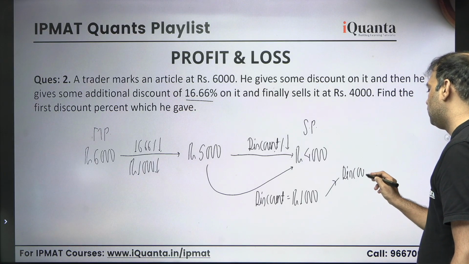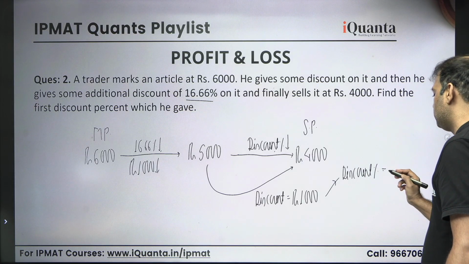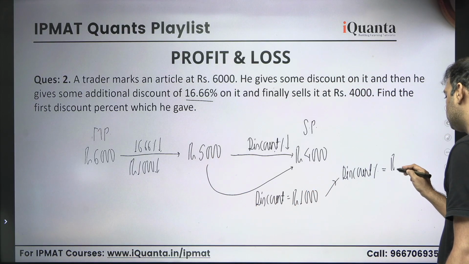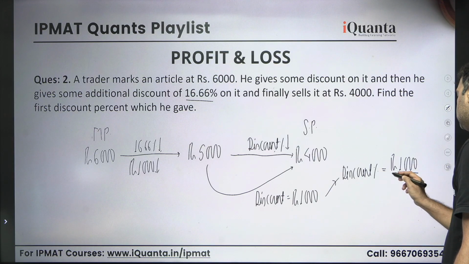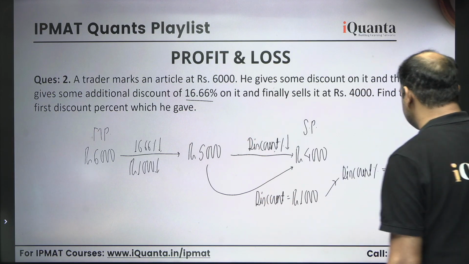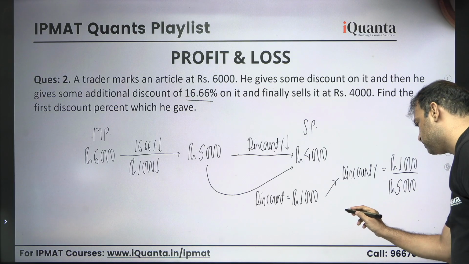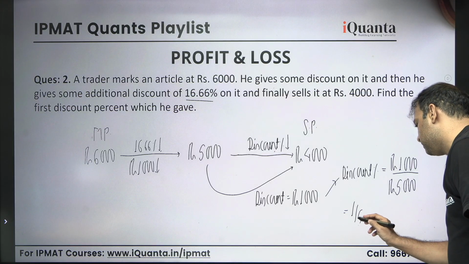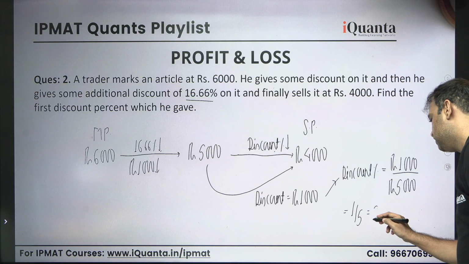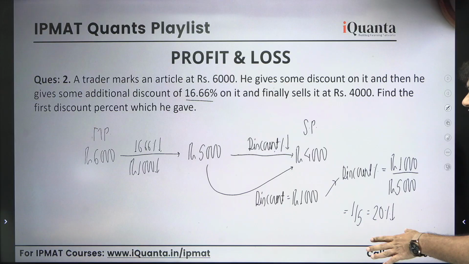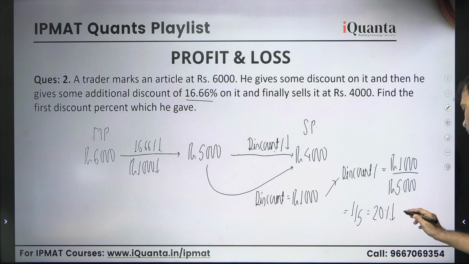Discount percentage is the amount of discount as a percentage of the mark price. The amount of discount is 1,000 rupees and the mark price is 5,000. So we just have to find out what percentage 1,000 is of 5,000, which we can say is 1 by 5, which is 20%. And guys, finally we can say that the first discount should be 20%, which was being asked in this particular question.